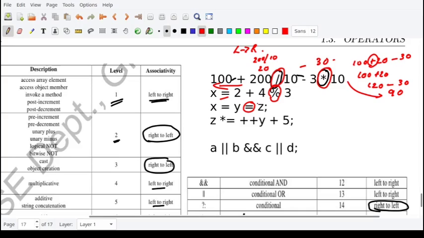So you find the rightmost equal to operator. The rightmost equal to operator is this. So this will be done first, then you will do this.